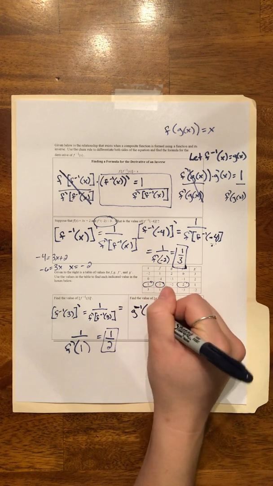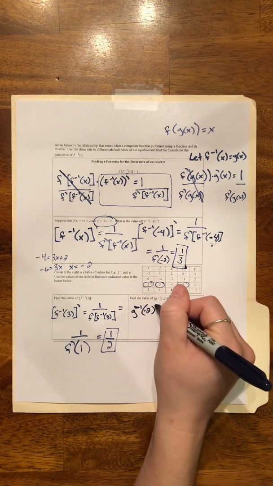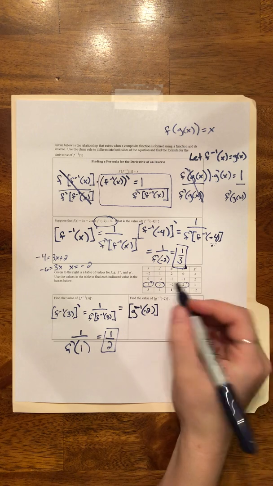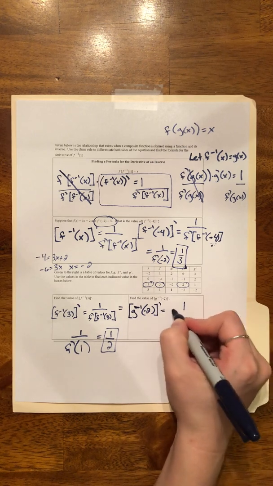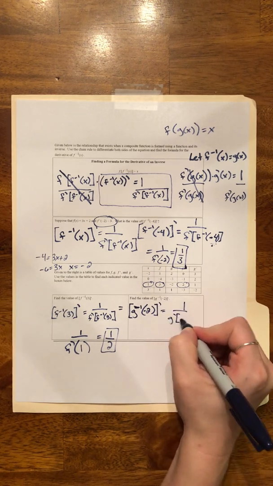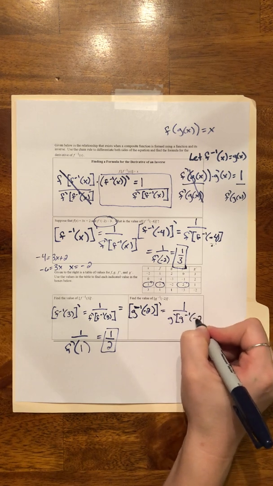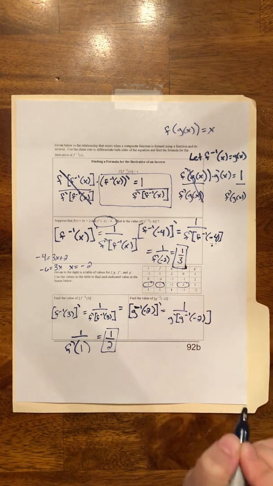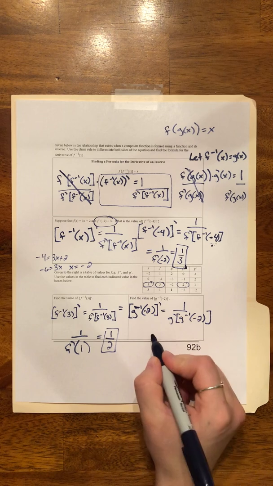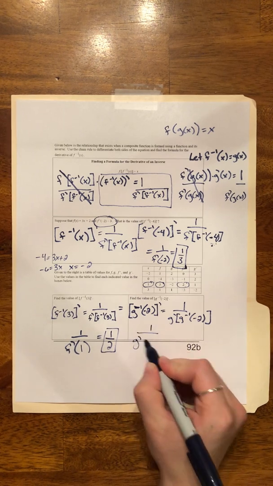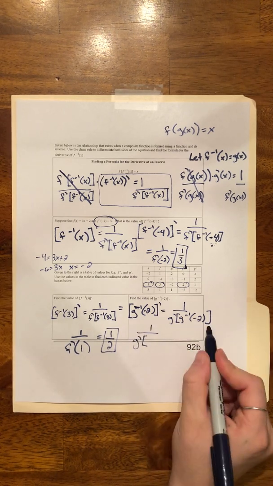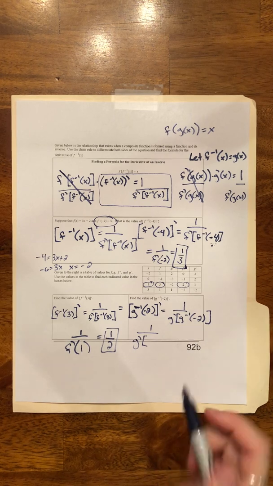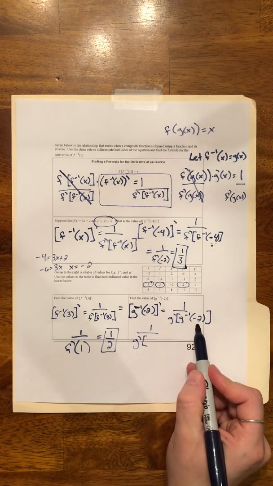Half the battle is just writing this correctly with the correct number of brackets. So I'm going to say 1 over g prime, you're working your way out, or you're starting in, you're working out. So g inverse of -2.